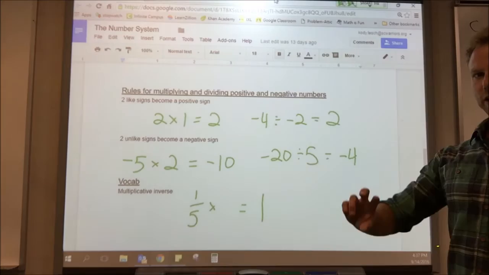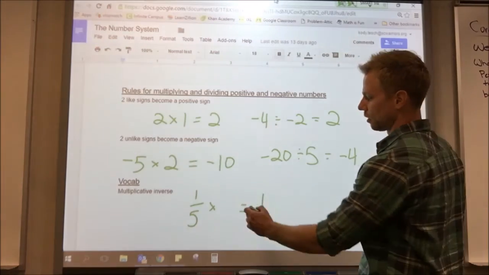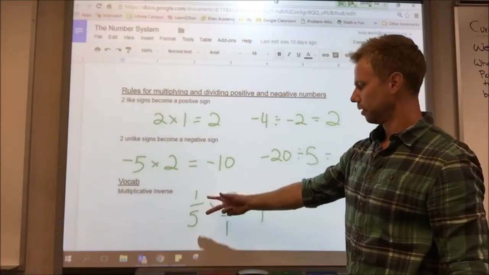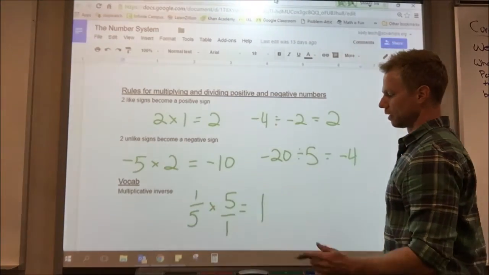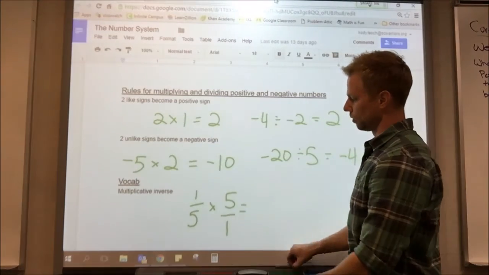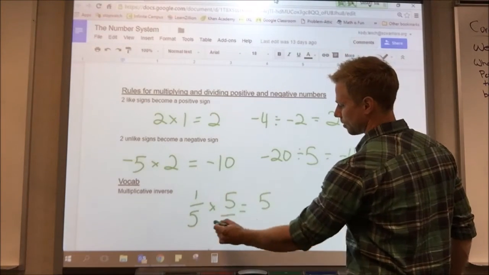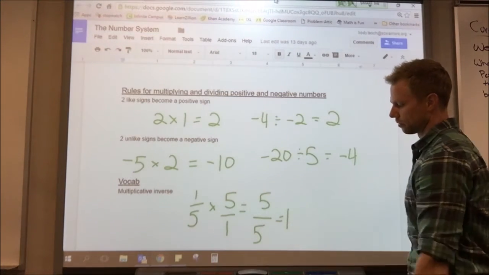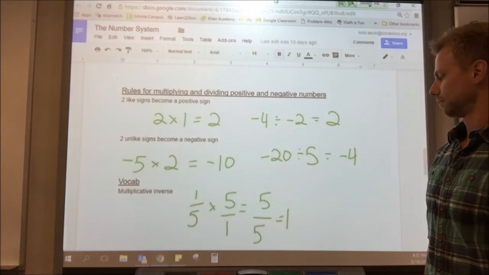It would actually just be the reciprocal of that, which would be 5 over 1. Reciprocal, you just flip numerator and denominator, because when I multiply by the reciprocal, 1 times 5 is 5, 5 times 1 is 5, 5 over 5 reduces to 1.